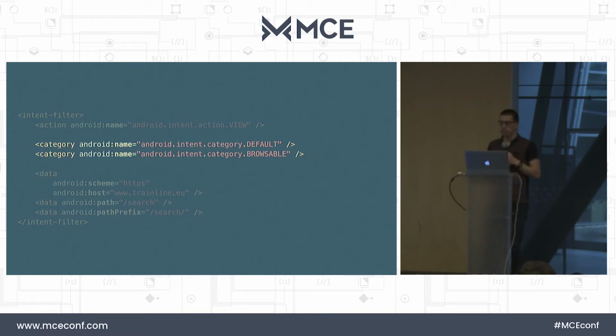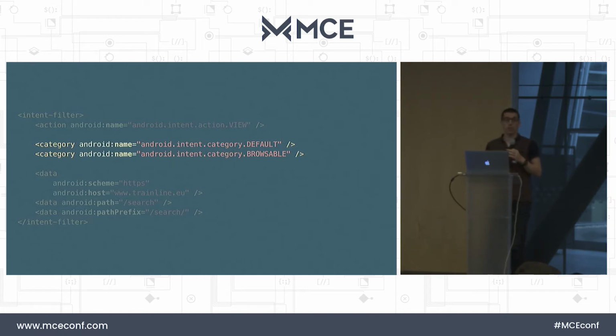And that's because by default, Android, when you start an activity, treats all intents as if they contain the default category. And the second one, once again, is mandatory if you want to catch URLs, and it's called browsable. Okay, the category browsable. What it does is that it informs the system that your activity is safe to be opened from the outside world. Okay, so why is that mandatory?